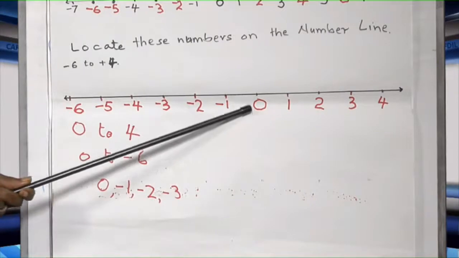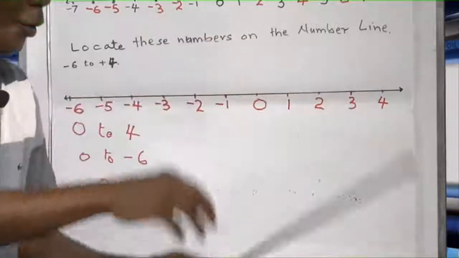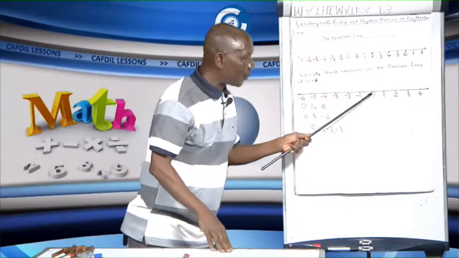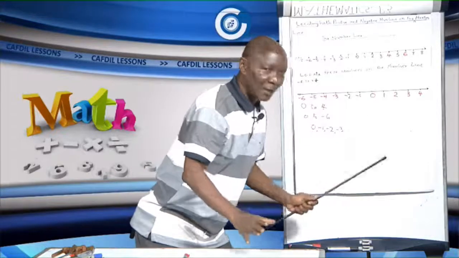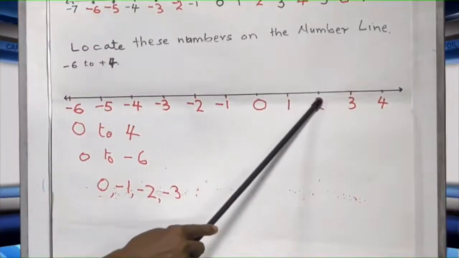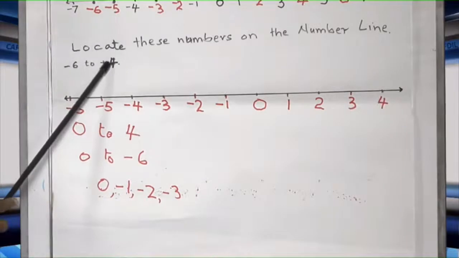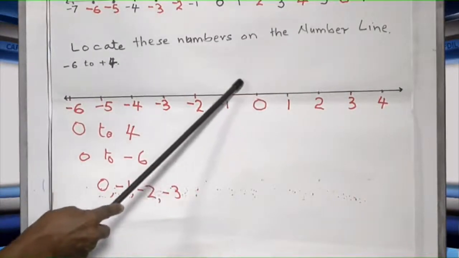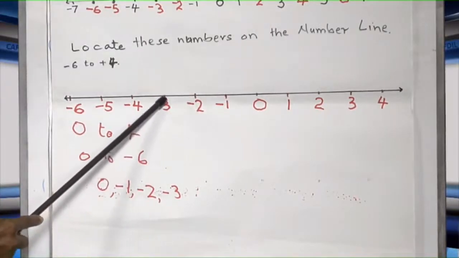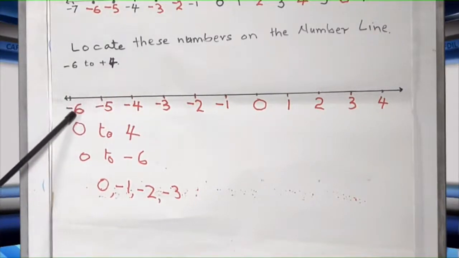Now you see 0 is the starting point. So whether you move to the right or you move to the left, we start our movement from 0. So we have 1, 2, 3, 4. Then you start from 0 again, -1, -2, -3, -4, -5, -6.